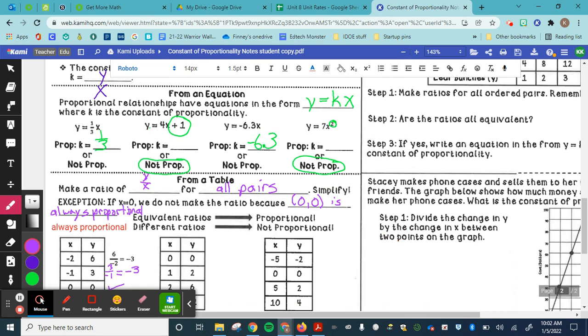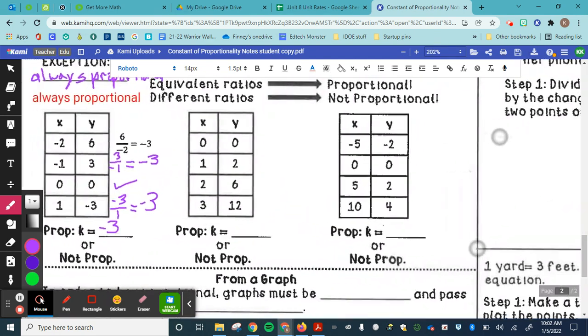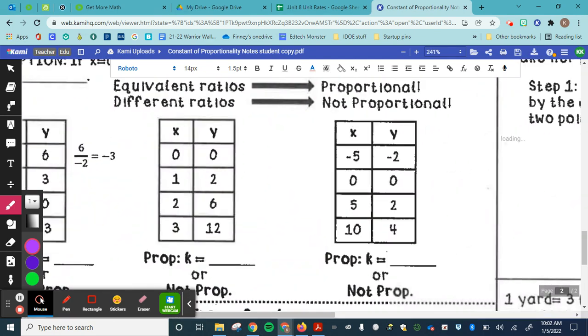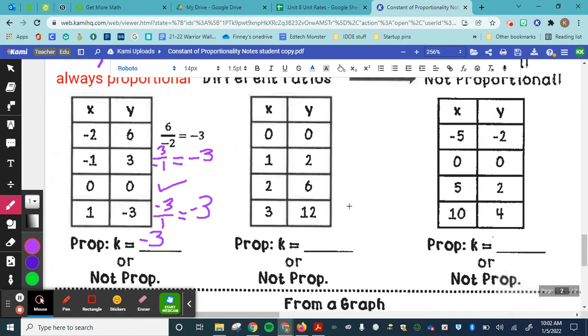So if you had to turn your table into the equation, it would just be y equals -3x. Any questions about that example?